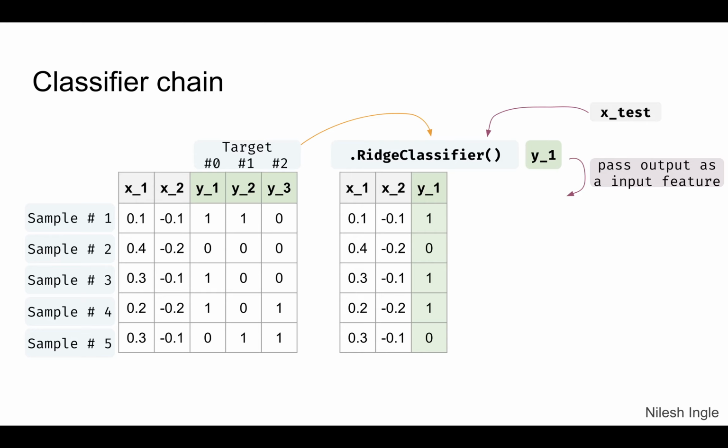If you were to use something like a linear model such as ridge, which traditionally takes only one target value as the input for training a model, then in this case where we have more than one target, you'd wonder how we could use that. That's where the classifier chain helps us use those models.